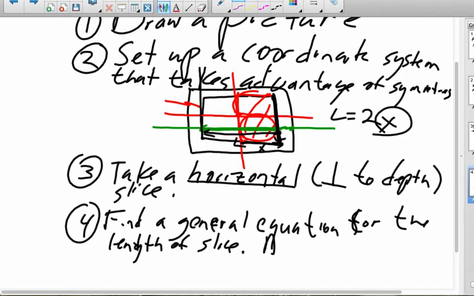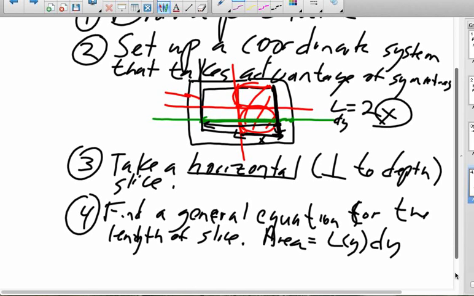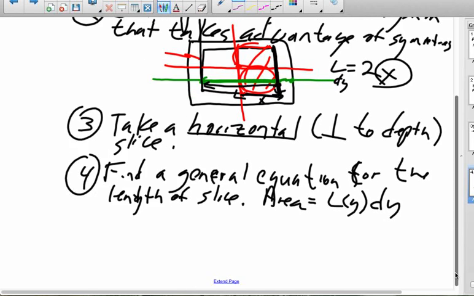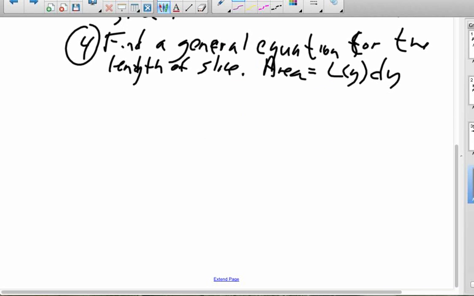So now that you have that, your area is going to be L times, and if it's not constant, you need to solve it so you have x equals, so you have L of y times dy, where dy is the height of this very small slice that we're taking. And again, you should notice that conceptually this is very similar to what we've already been doing.